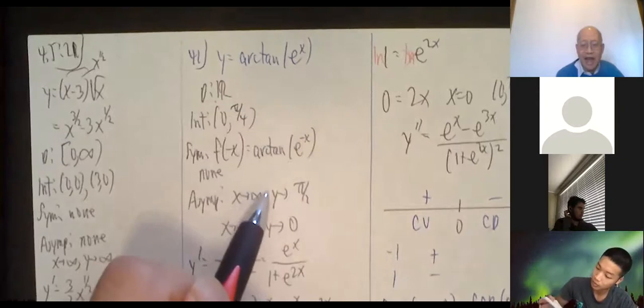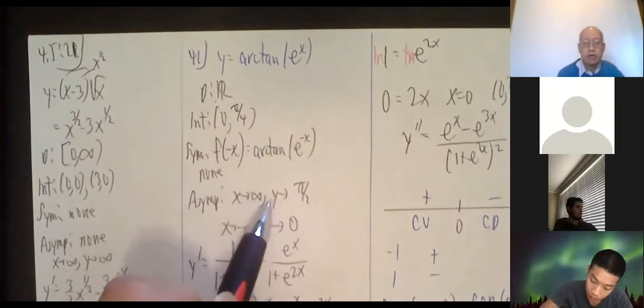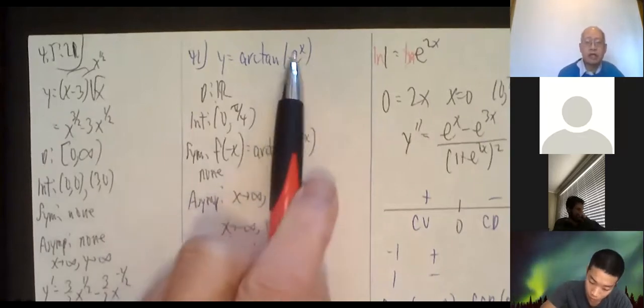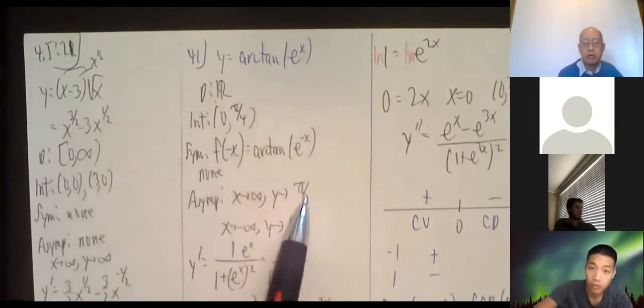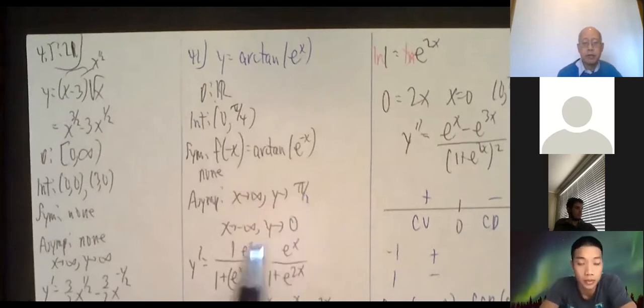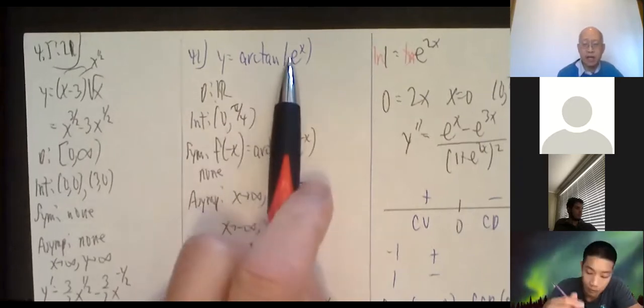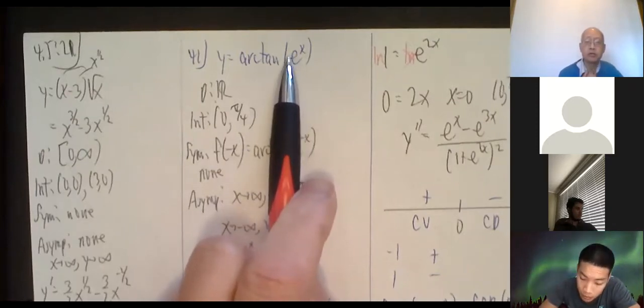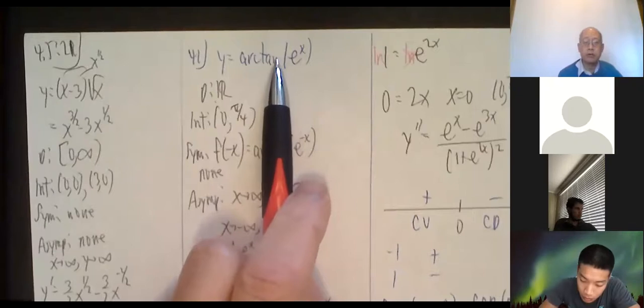There actually are asymptotes. When x goes to infinity, arctangent of a super big number is pi over 2. When x approaches negative infinity, e to a super big negative number is almost 0. Arctangent of 0 is 0.